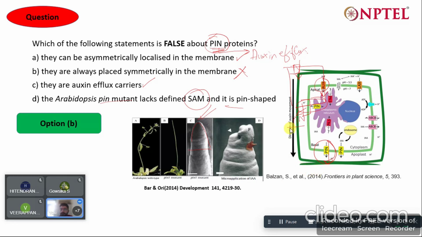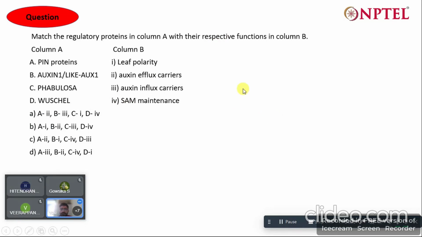Okay, then we'll move on to the next question. These are the regulatory proteins in column A and we have to match them with column B. The proteins are pin protein, fabulosa, and Wuschel.